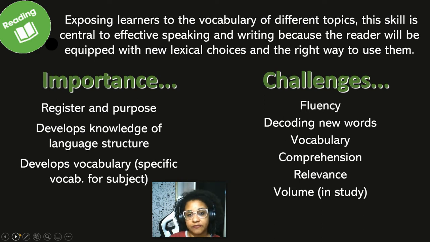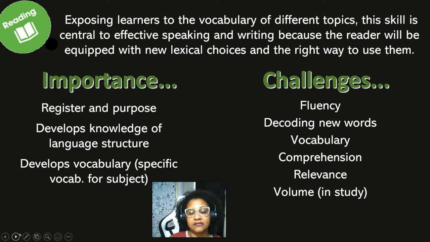Some of our learners may not be as fluent in reading, even in their native language. So, pace is important here as well. Decoding new words, so they might get frustrated because they want to understand every single word.